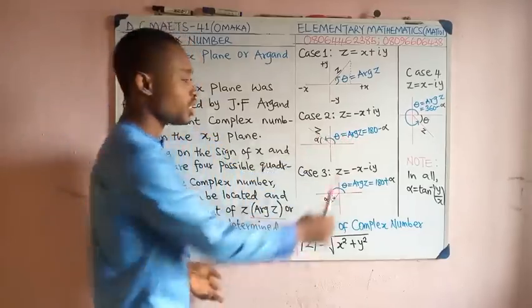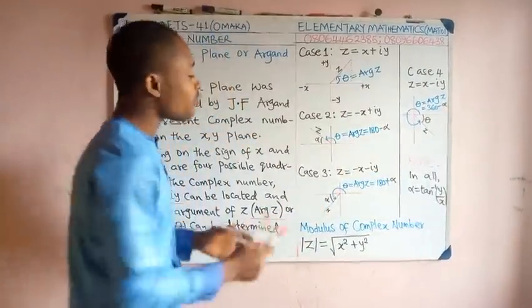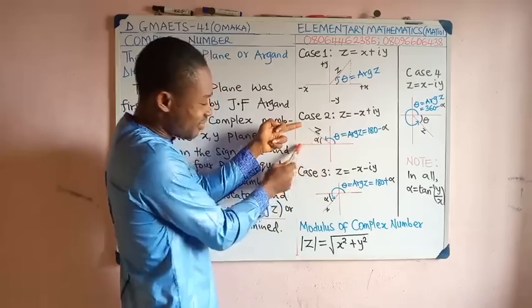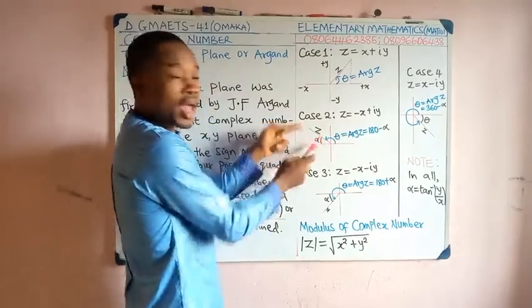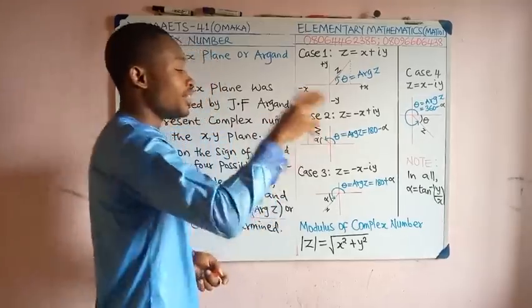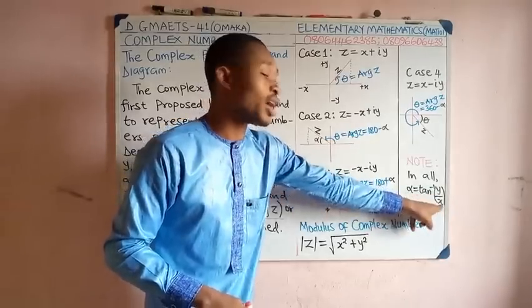How do we get it? Watch. It's equal to 180 minus alpha. Now, alpha is this angle between this complex line and this negative x-axis. You can see that, right? And for us to get alpha, we are going to use tan inverse. In all, alpha is equal to tan inverse of y over x.